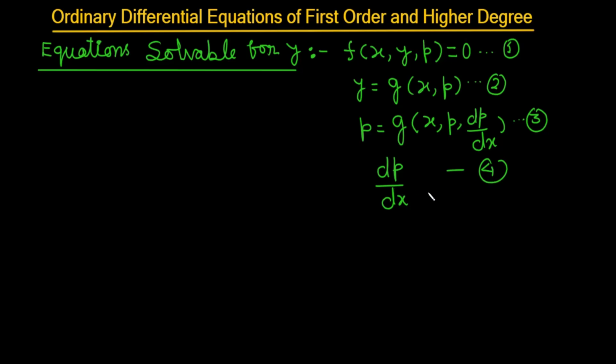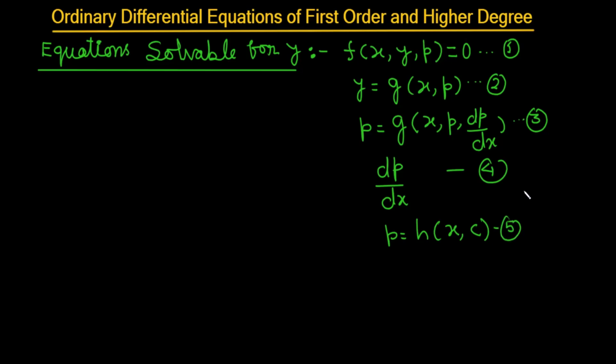So equation number 4 will be a first order, first degree equation with p as the dependent variable. Solve it, and that way we'll get a function of x, and we'll have an arbitrary constant c.